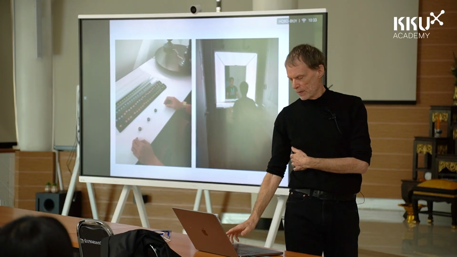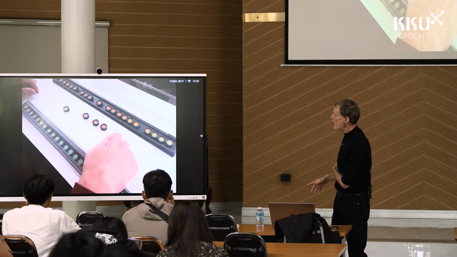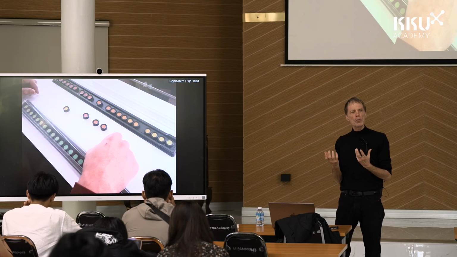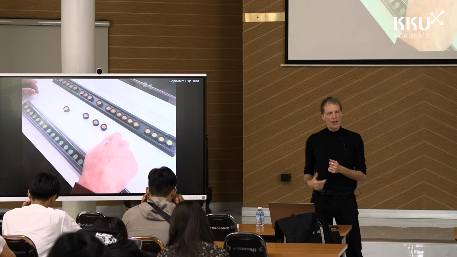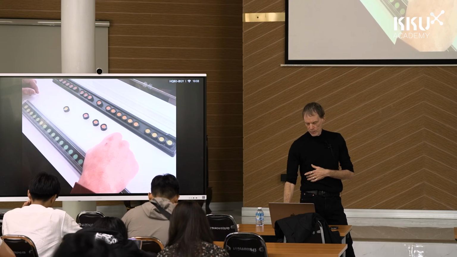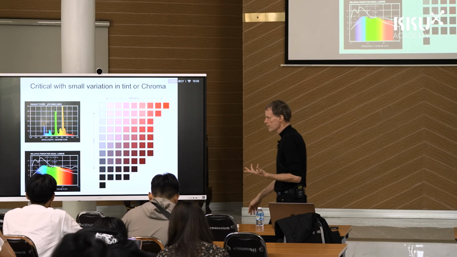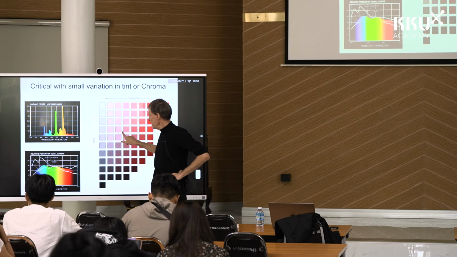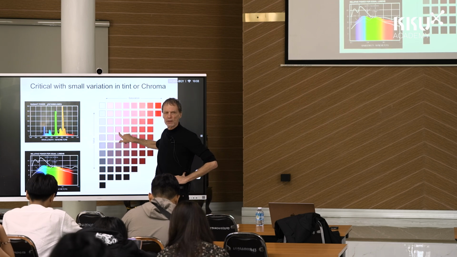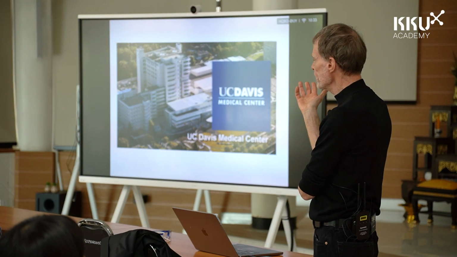Okay. And what we found was people can sort colors more efficiently and more effectively under high color rendering lamps. And again, it has to do with this: if you give people this, they can't tell the difference.